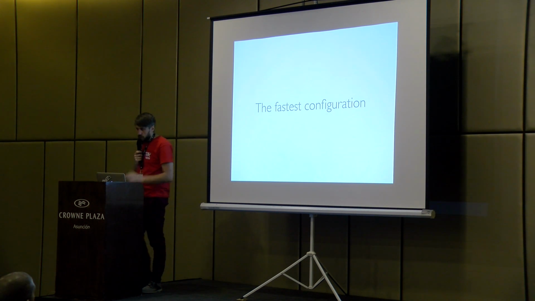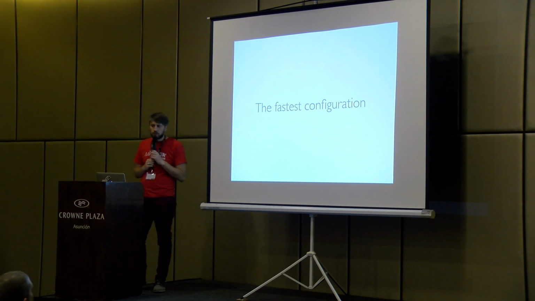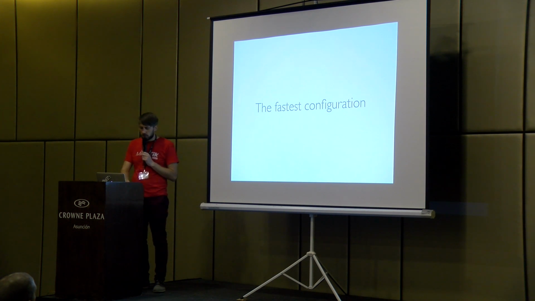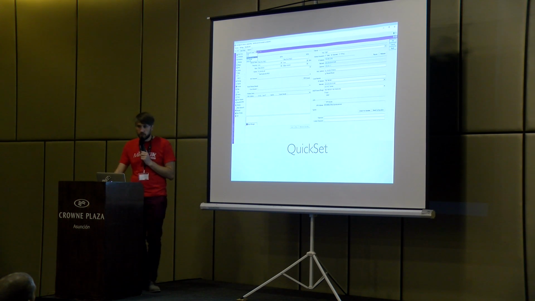The fastest configuration for your MikroTik RouterOS device is QuickSet. If you don't need any advanced configuration, but just want to set something on your device, you can use QuickSet.